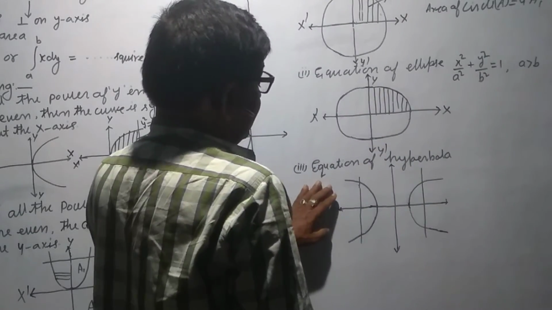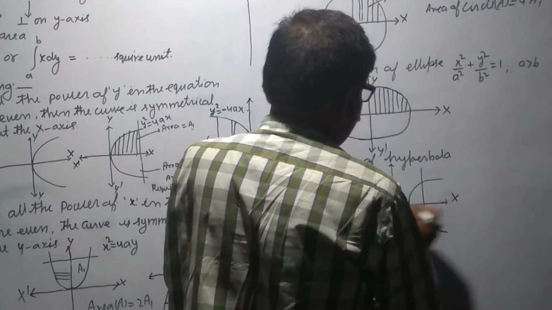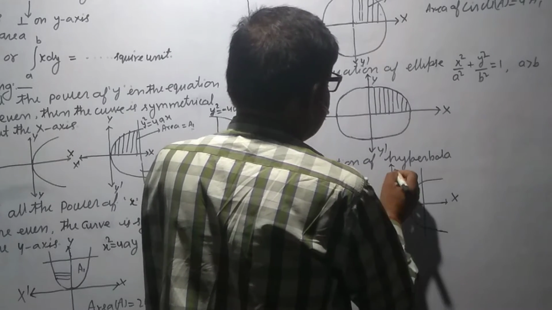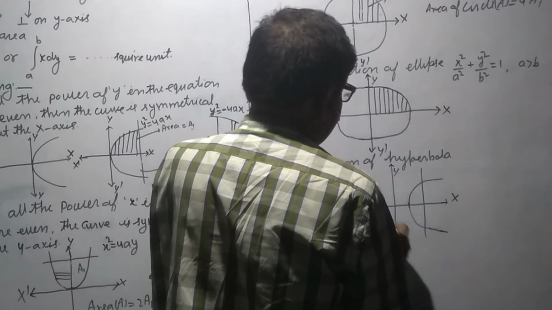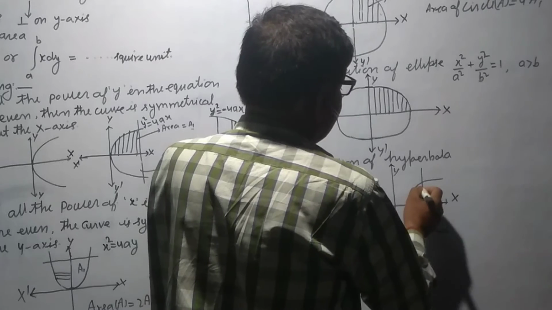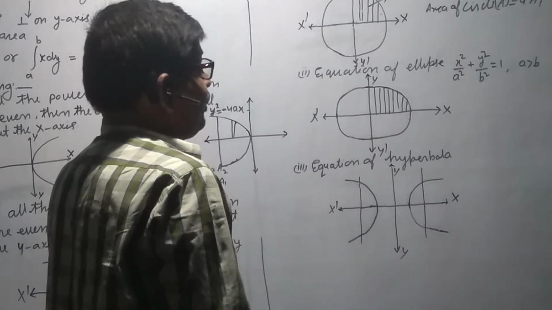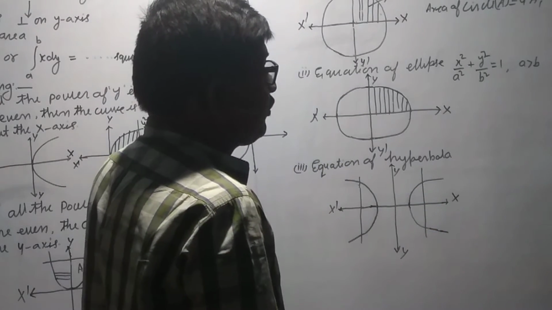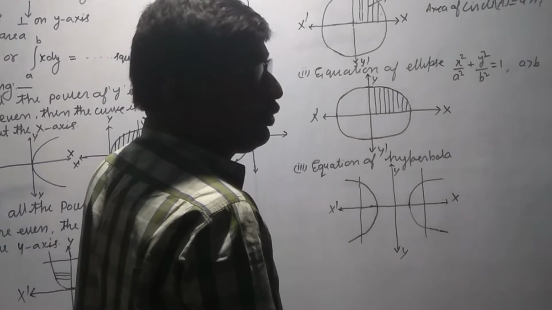And in similar cases, this is x and this is x dash, y and y dash, this curve and this curve. This is a hyperbola, x square by a square minus y square by b square is equal to 1.